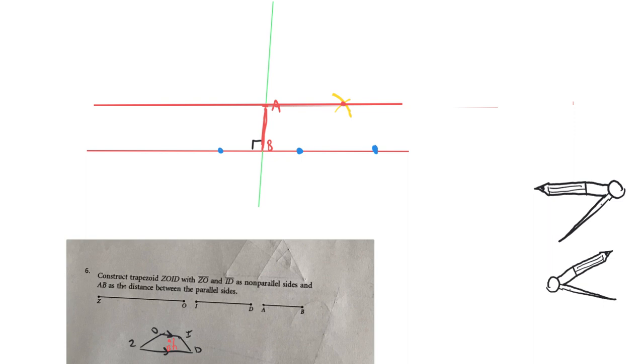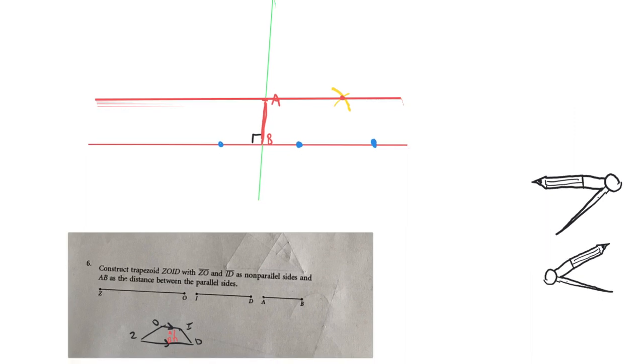Now, in my opinion, the next part is sort of the easy part, to be honest, because then they say we just want this side ZO, which is right here, to be one of the non-parallel sides, and this side ID to be one of the non-parallel sides as well. Now that part's actually pretty easy in my opinion. You would just take your compass, all right?